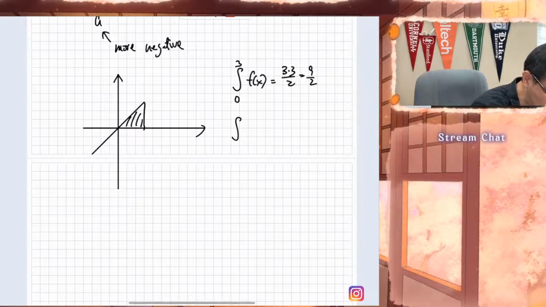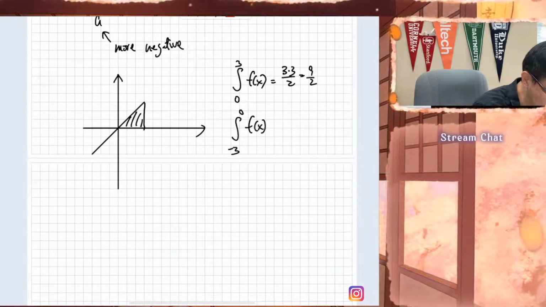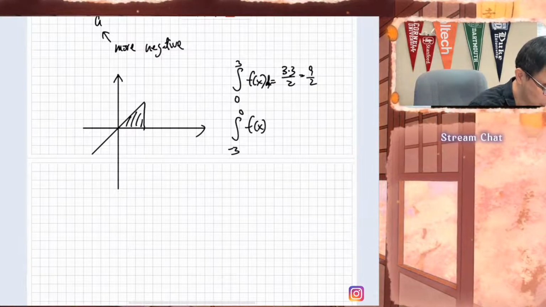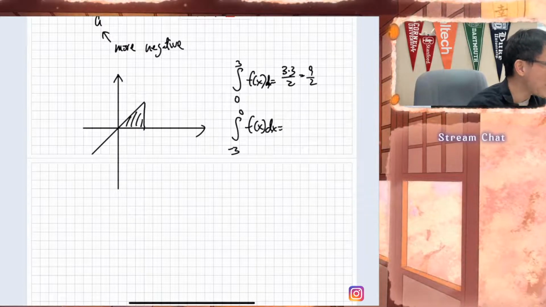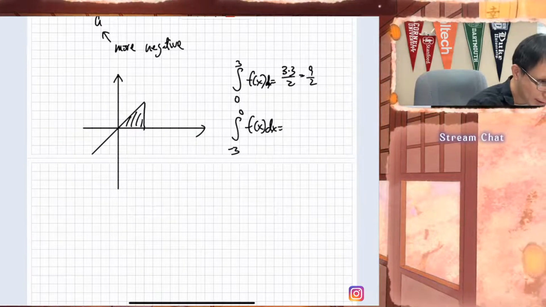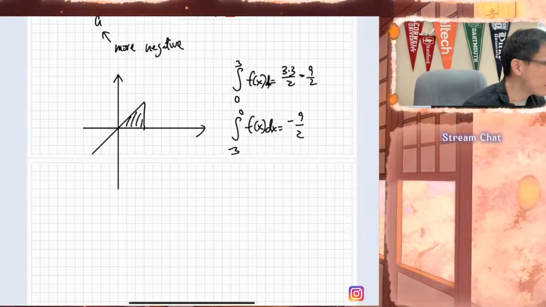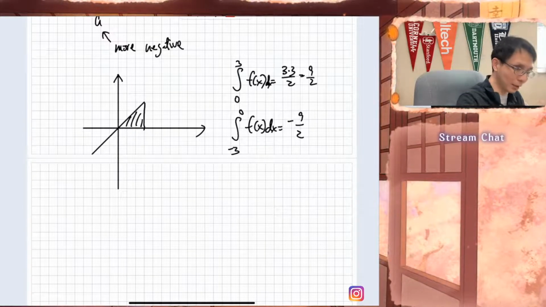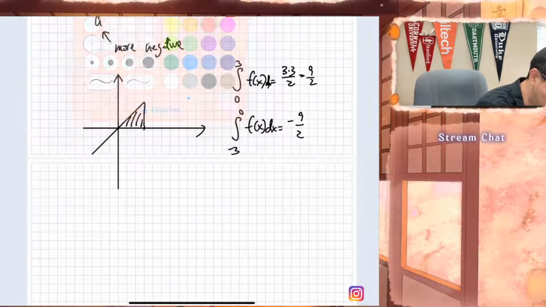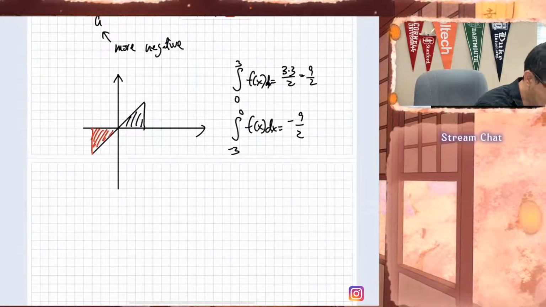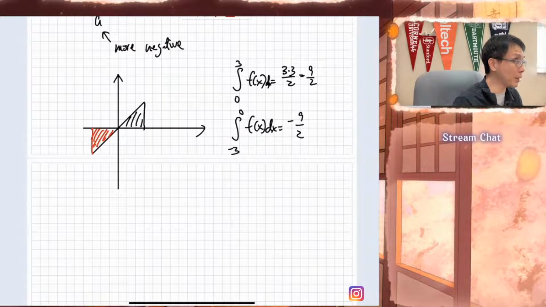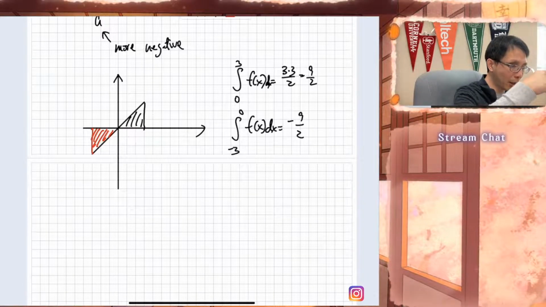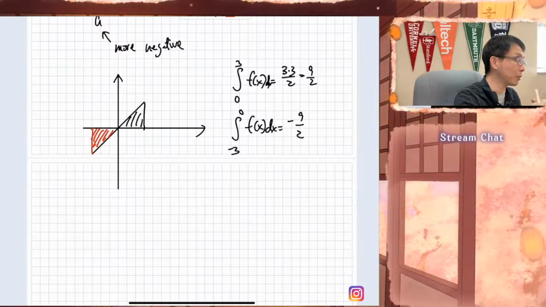Now, if I went from negative 3 to 0 of f of x, well, area is positive, but since it is below the x-axis, in order to make sense, this one has to be negative 9 over 2 because it was the area on the bottom. So that's why it's negative. If I shade it, I will shade it a different color like this. It is negative because it's below the x-axis. Does that make sense? But I always keep the lower number on the bottom, like negative 3 to 0. I won't do 0 to negative 3.